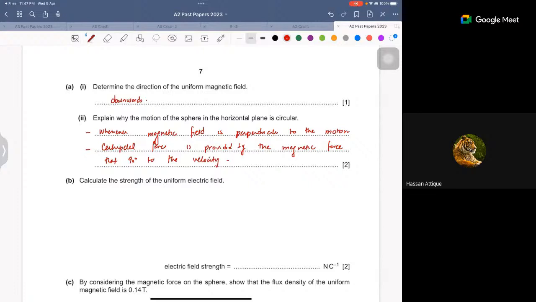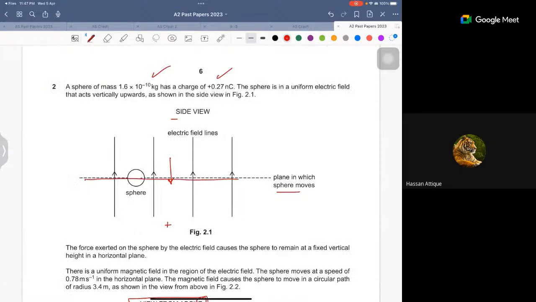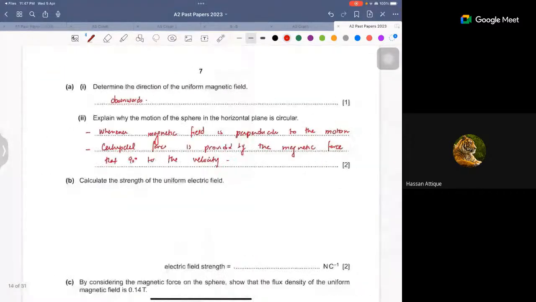Okay. Then it says calculate the strength of the uniform electric field. If it's kept horizontal, it means that the weight of the sphere must be acting down and the electric field must be putting a force like this. The electric force is F equals EQ, and the weight is mg because it's in equilibrium vertically. So EQ equals mg. What do we need to find?